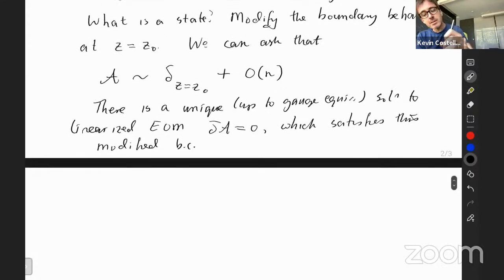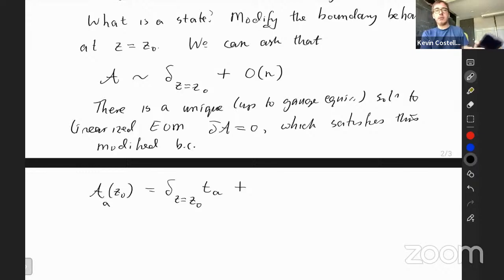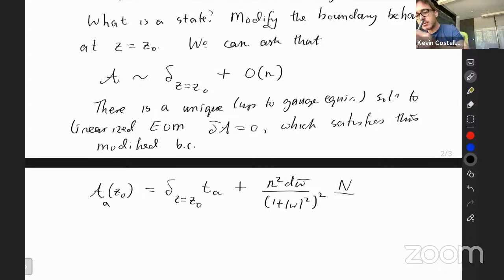The explicit formula is, say, A with color index, let's introduce a color index, and dropping some factors of pi, it's going to look like this.